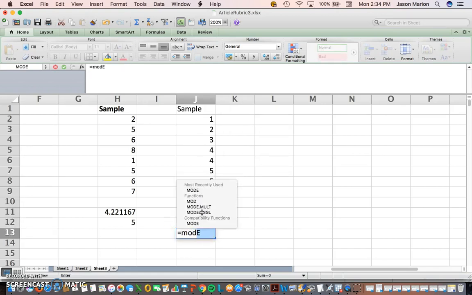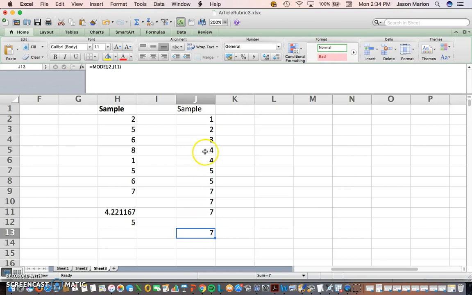Equals mode. Different rules that are used for determining the mode vary. So now it chose 7. All right. I'm going to pick 4 now, so now it chose 4 again. If I do 3, 3, in this case, there's 3 3s, 3 4s, 3 7s.